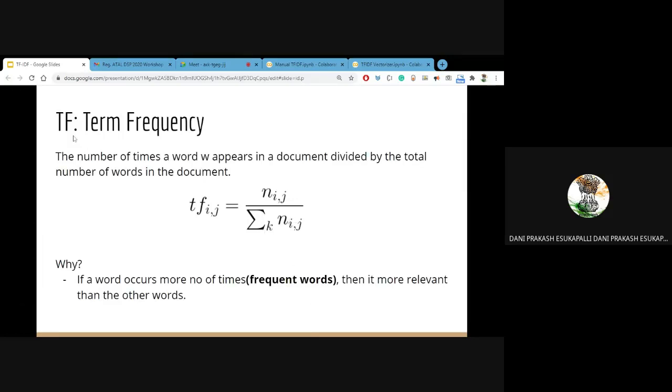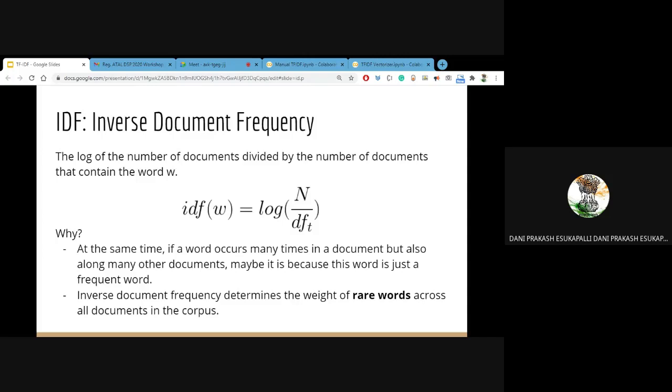So what is the significance of term frequency? If a word occurs more number of times, that is, if it is a frequent word, the term frequency of that word will be high. And the second one is inverse document frequency. It is defined as the log of n, the number of documents, divided by DF, the number of documents that contain the word W. So what is the significance of inverse document frequency?